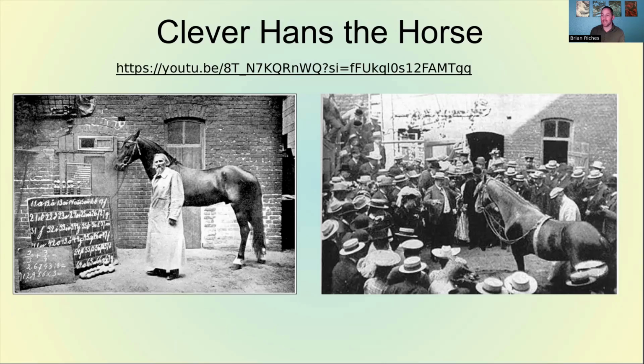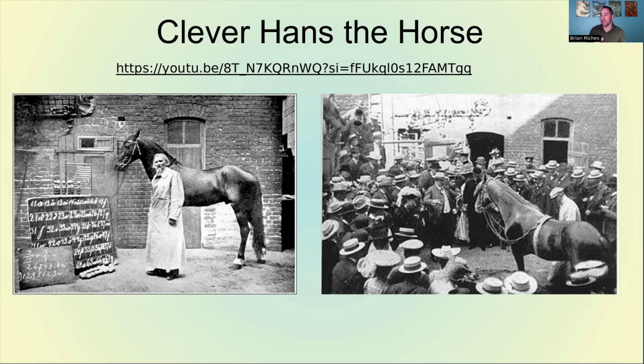So when researchers tested this out, because they wanted to see, well, why is this horse able to do math? It was a case study, a unique case of a horse being able to do math. So they did things like remove the owner, like keeping the owner away, out of view, even out of earshot of the horse, because maybe the owner's signaling some way.